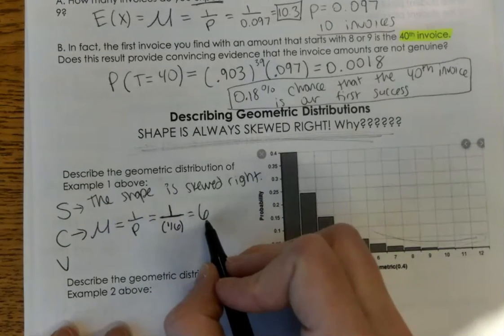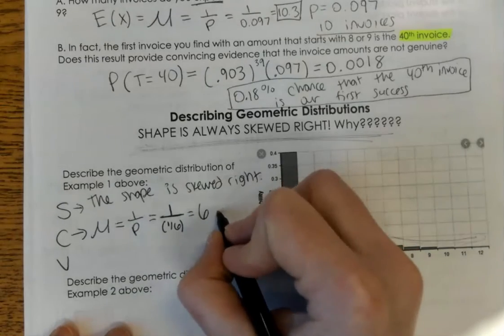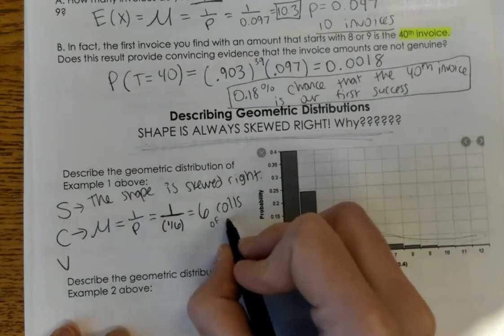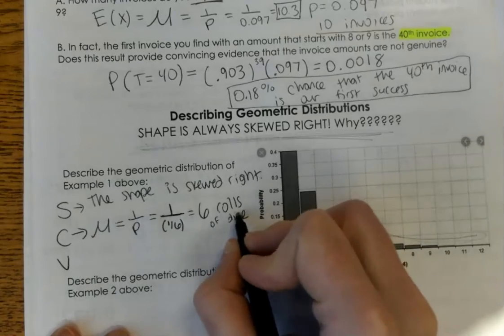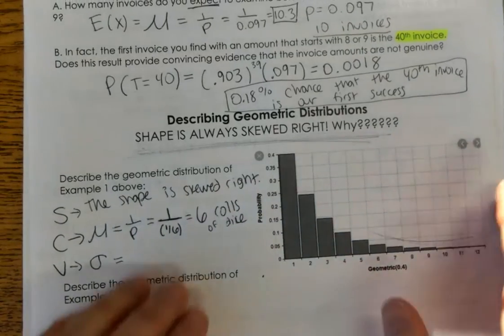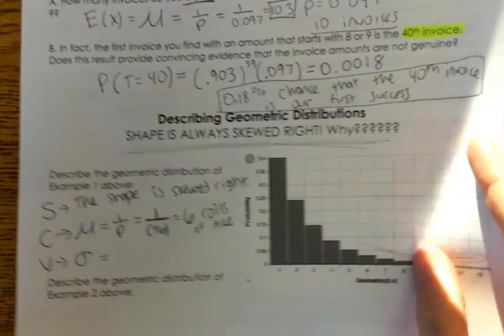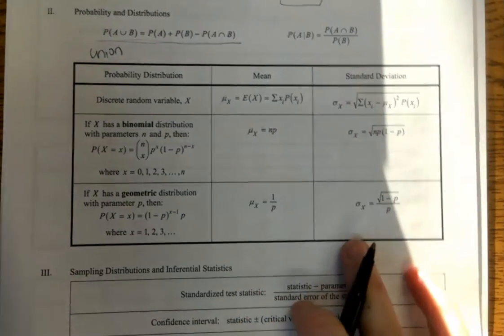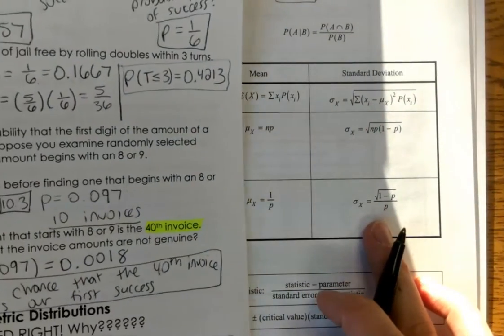So our mean, or our expected value, is going to be 6 rolls until we get our first success. 6 rolls of the dice. All right. Our variability, which is going to be our standard deviation. Let's go back to the formula sheet, or you can use the first page of the notes, and you'll see the standard deviation formula for geometric distributions.